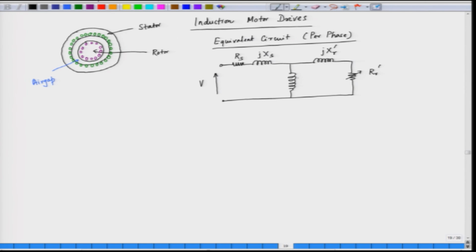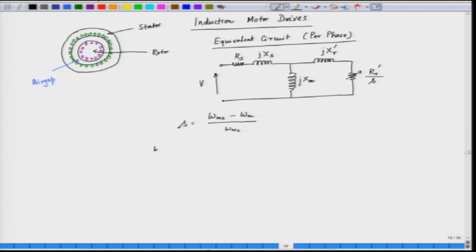This one is the magnetizing reactance, Xm, and the rotor resistance is divided by a parameter called slip. When the rotor rotates, the slip is produced. The slip is given by s equals omega ms minus omega m, divided by omega ms.